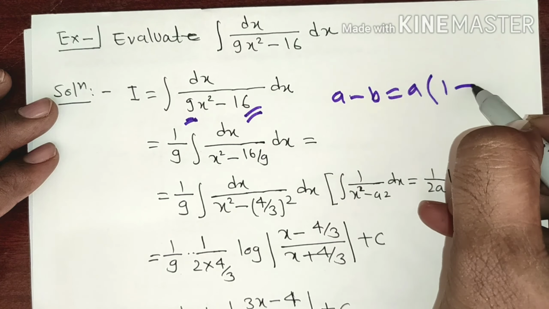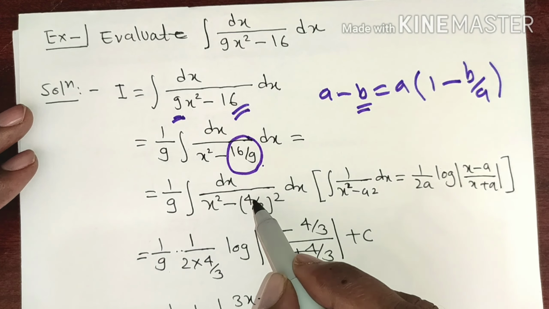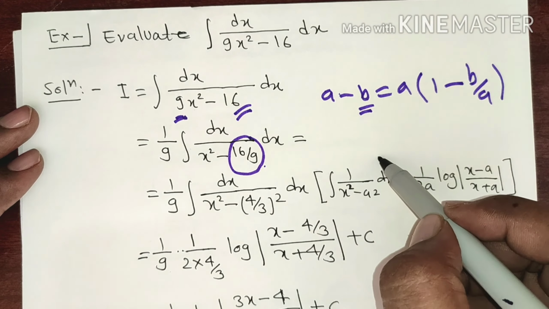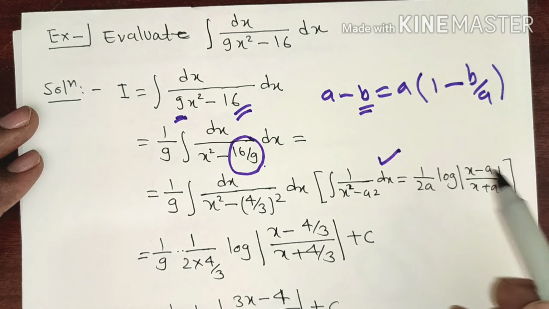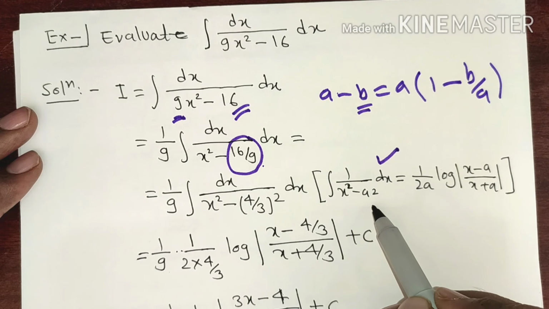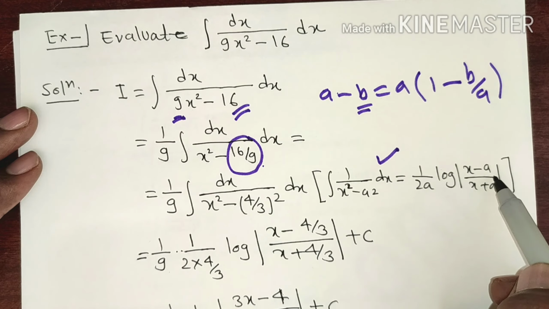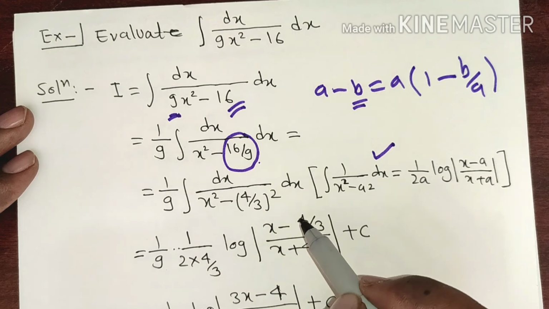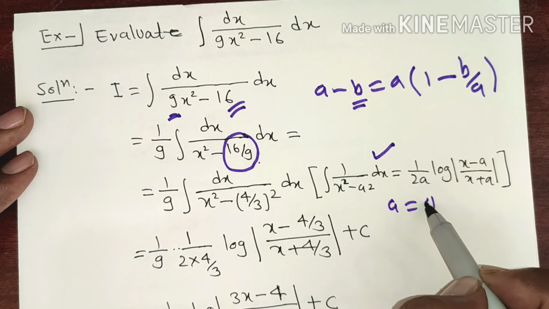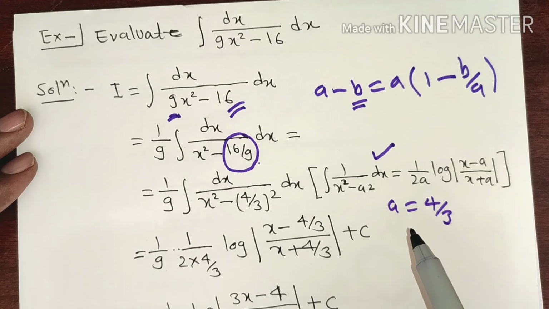This 16 by 9 we write as 4 by 3 whole square because of using this formula. See the formula, integration 1 upon x square minus a square dx is 1 by 2a log of mod of x minus a divided by x plus a plus c. Here a is 4 by 3.